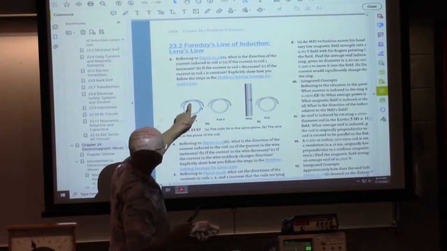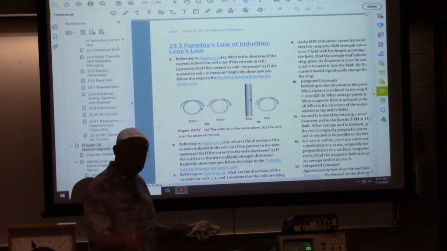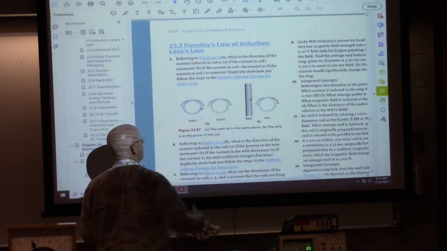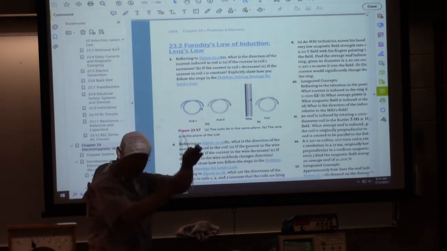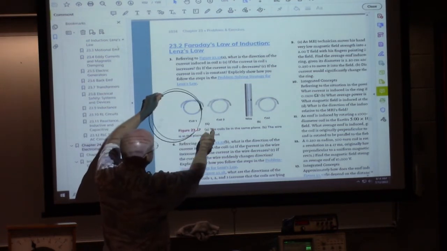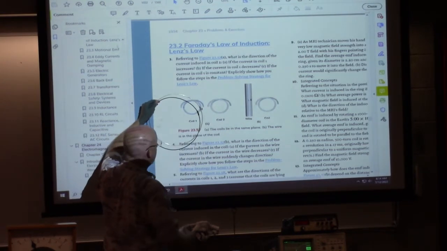All right, so here's my thinking. So here's coil number one. Coil number one is making a current in a, from our vantage point, looking in here on the screen, this is a counterclockwise direction. So if I were to take a ring and hold it right here and say, okay, the current is going in a counterclockwise direction.